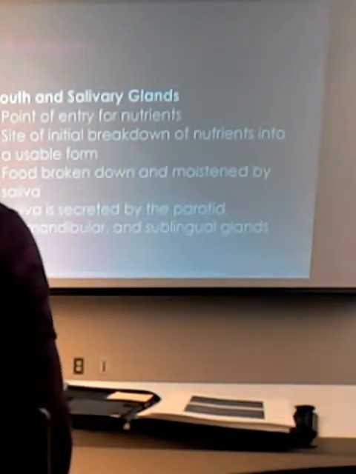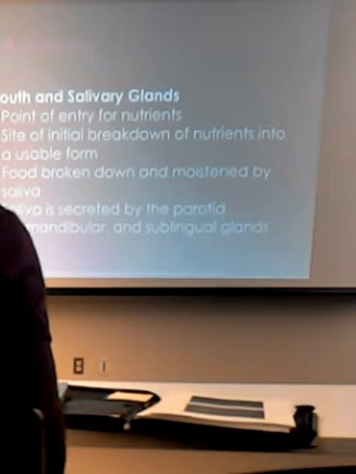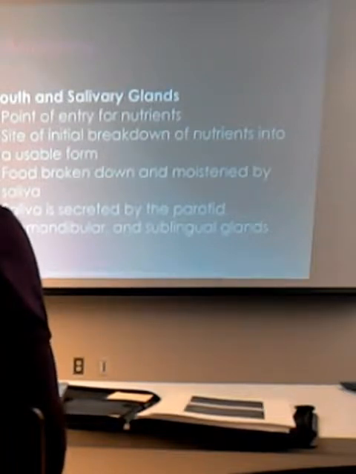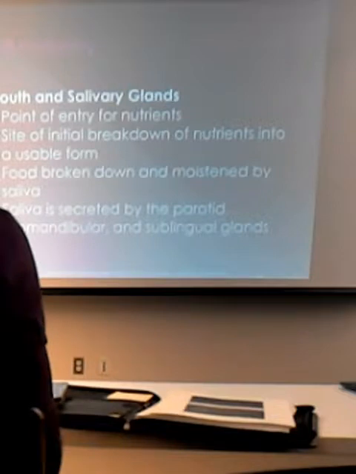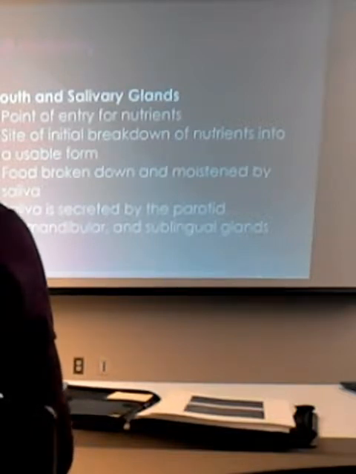So anatomy. Now notice the slides, guys. I've said it a million times. The slides are organized in about as anally retentive a manner as possible. I talk about anatomy, then we talk about some physiology, and then we talk about pathology. So, anatomy. What's in the mouth? Well, we've got teeth.